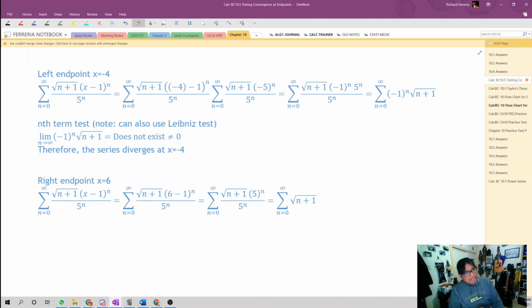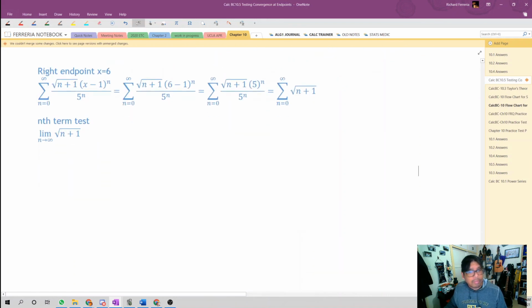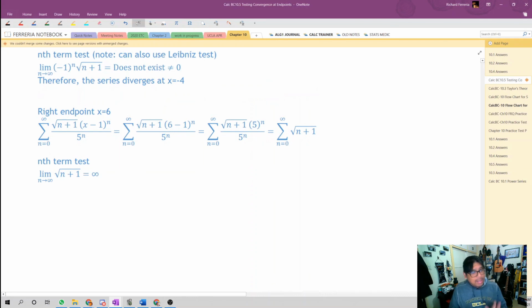Now I know that that limit is not equal to 0, because as n gets bigger, the square root of n plus 1 just gets bigger also. So we're going to use the nth term test yet again. Find the limit of the general term. These terms go to infinity for sure, and infinity is not equal to 0. So just like at x equals -4, the series is going to diverge at x equals 6.